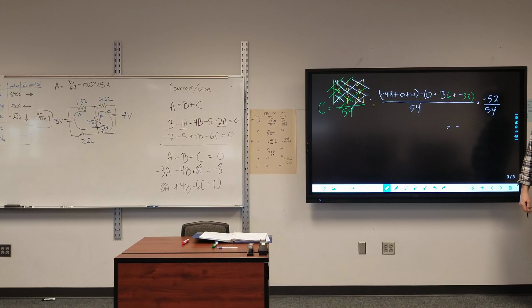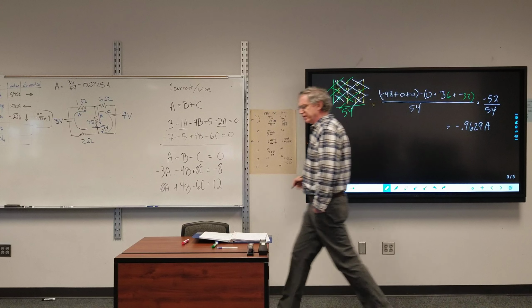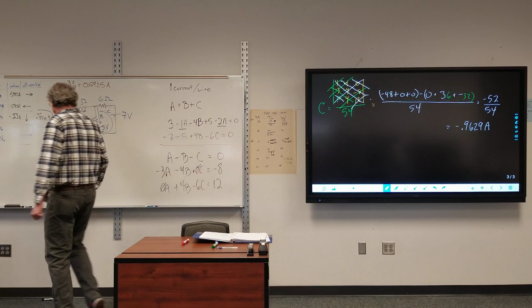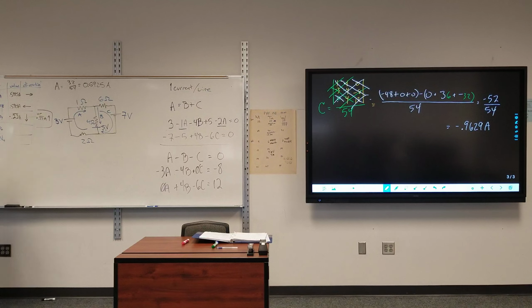And as a decimal? 0.9629 for negative, yeah. All right. Now let's actually see if we've made a mistake somewhere. So that was negative 0.9629 going to the right.